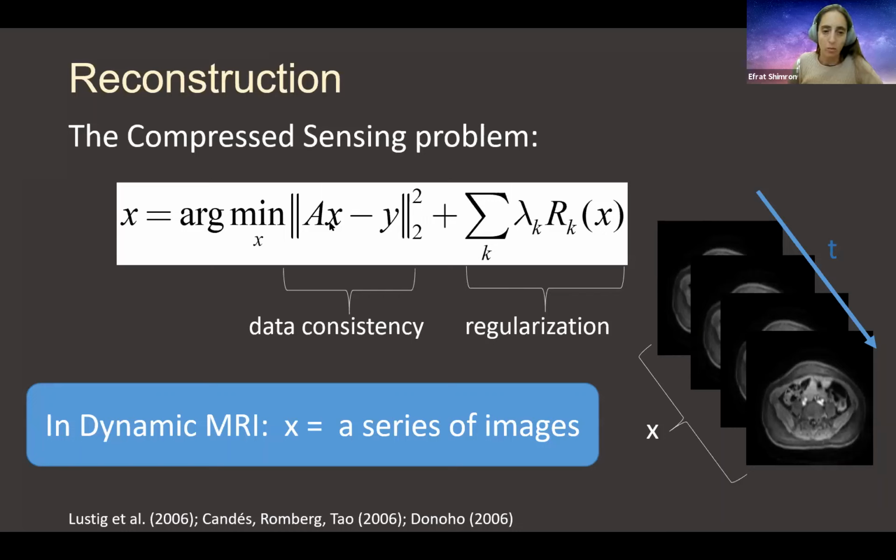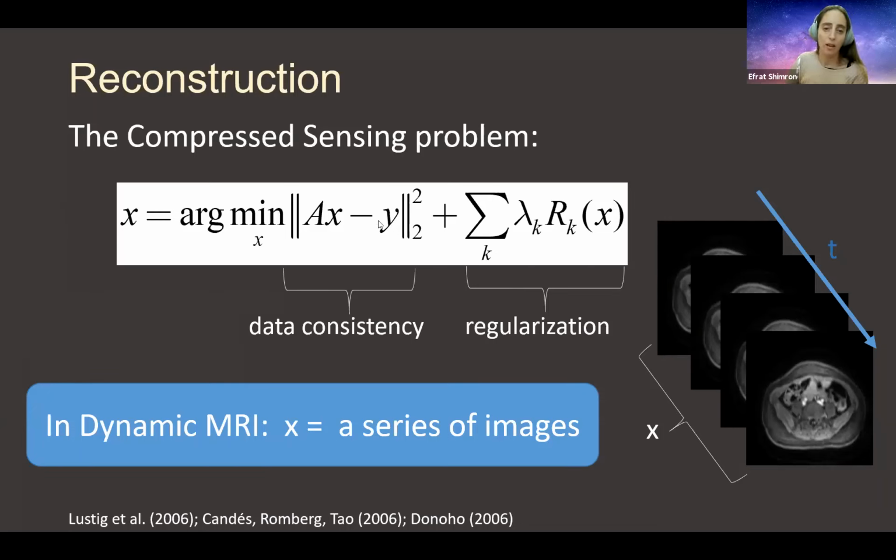So in compressed sensing, in many papers, you will see that X is a single image. However, in our case, in dynamic MRI, it is important to keep in mind that X is not a single image. It is actually a series of images, as you can see here. So we have X as a series of images. Y are the undersampled k-space measurements or the fully sampled ones, or whatever you have. And again, Y is also a series of data sets, not a single k-space frame.